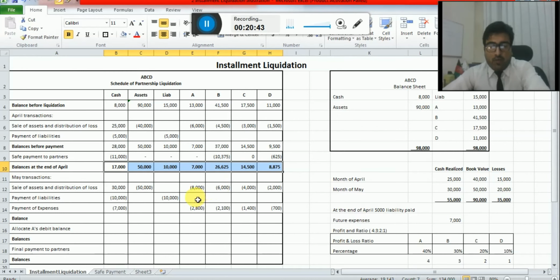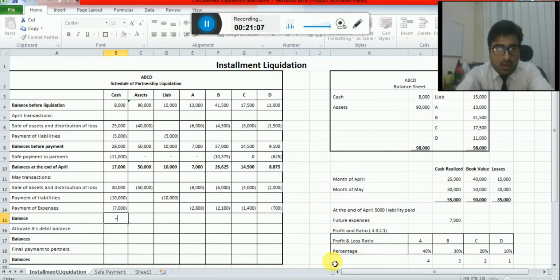Now we are continuing our liquidation. So what we are doing here, we are selling the 50,000 asset and getting 30,000, and this is the loss we have distributed, and here we have paid the remaining liabilities, and also we have paid expenses. Okay, now balance it.